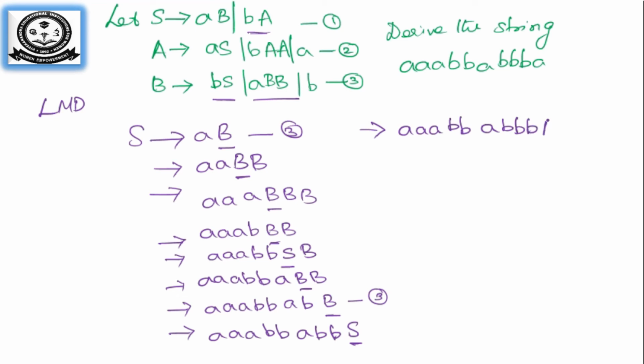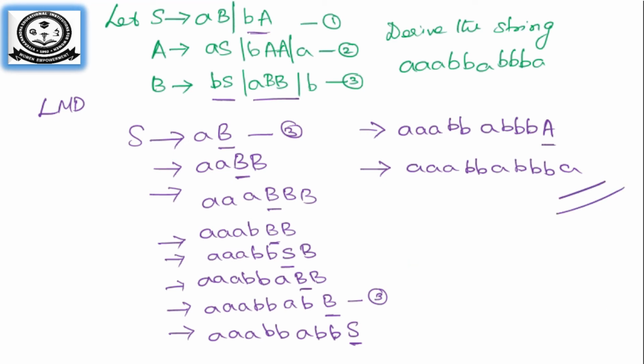So B, capital A. So A can tend to the final A. So finally the A will be transmitted as A, B, B, A, B, B, B, A. So finally your string is accepted by the grammar.